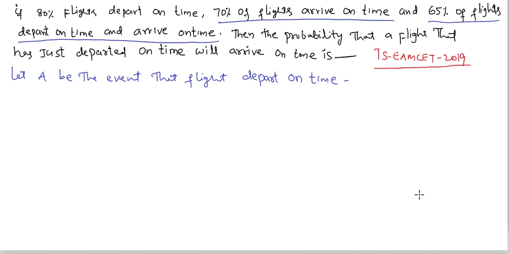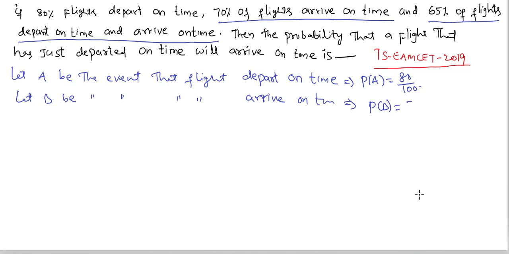That means P of A is equal to 80%, which is given, that is 80 by 100. And let capital B be the event that the flight arrives on time. That is P of B is equal to 70%, that is 70 by 100. Now P of A intersection B is equal to 65%, 65 by 100.